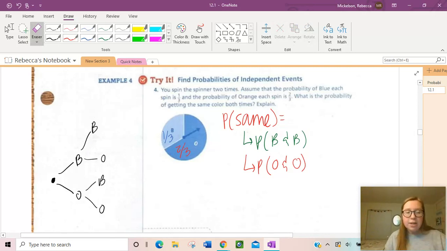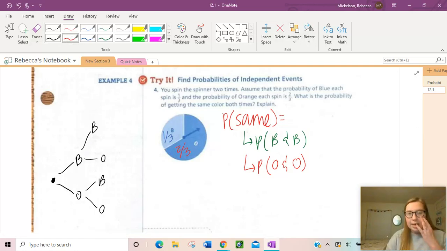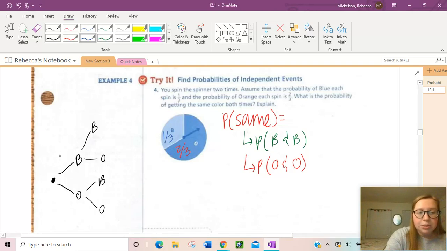So let's figure out how these probabilities tie in here. When we go down the different branches on our diagram, I always like to label what their probabilities are. So the probability of spinning a blue first is 1/3. So I'm going to label that branch 1/3. The probability of spinning a blue here is also 1/3. The probability is not changing, they're not being affected, so it's always 1/3.